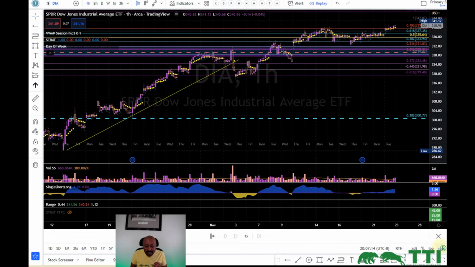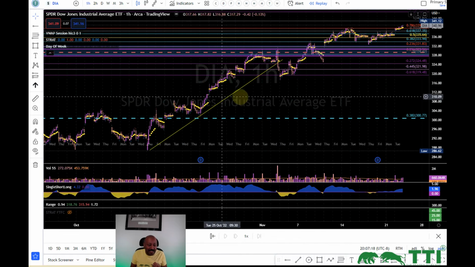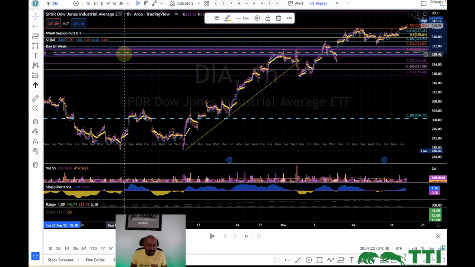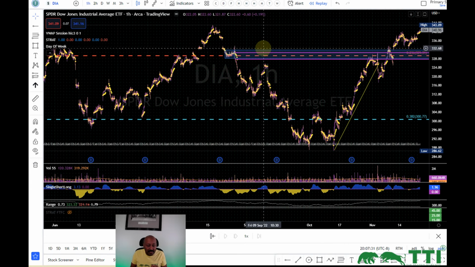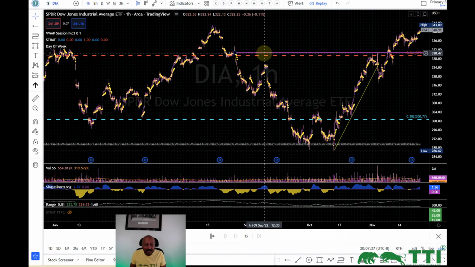Based on those conditions, we take our entries. Nothing else. As long as those conditions are met, we take our entries. That's all we're looking for, is our conditions met.